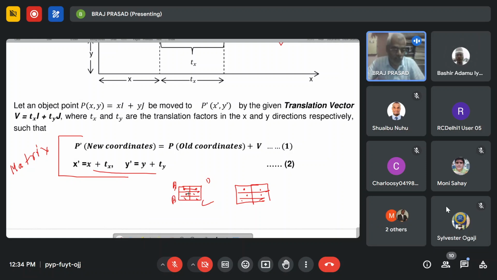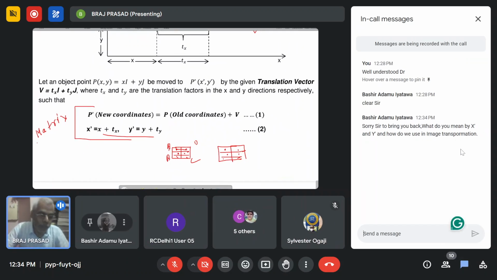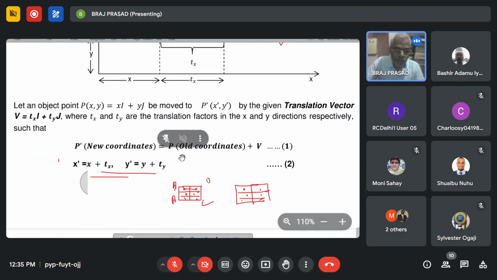So to find all those coordinates, we will convert this formula into matrix form, and this matrix form will help us calculate the coordinates of multiple points.